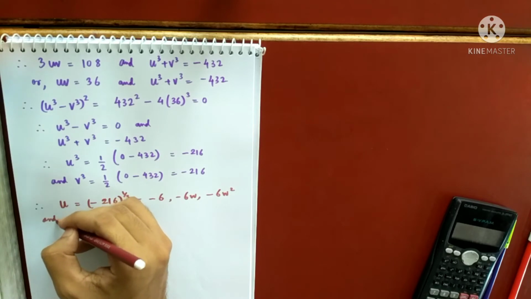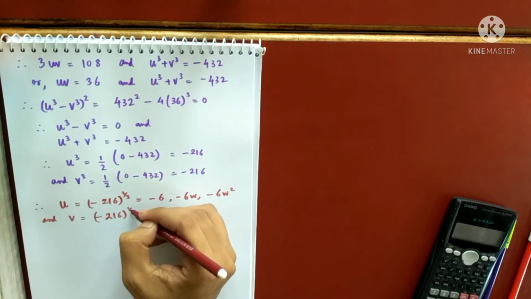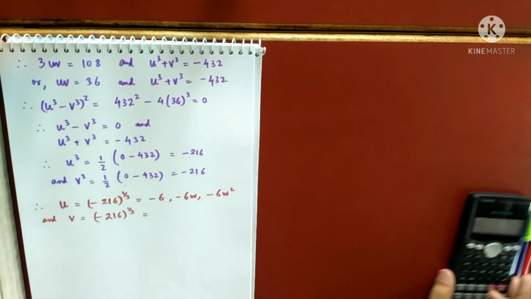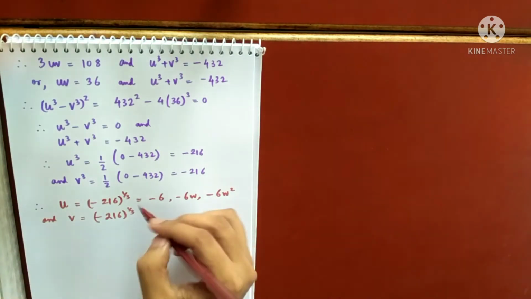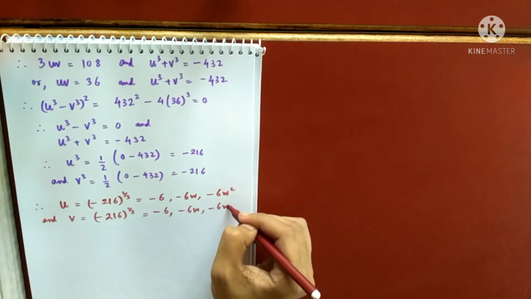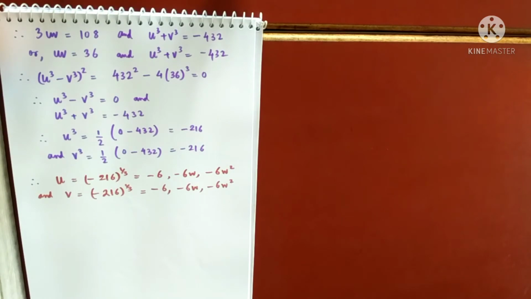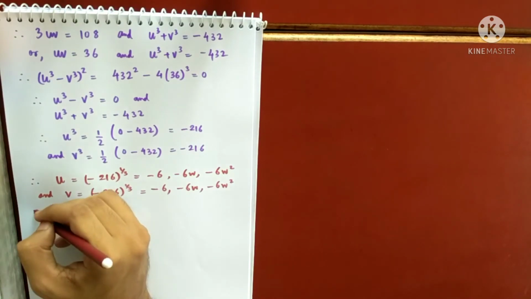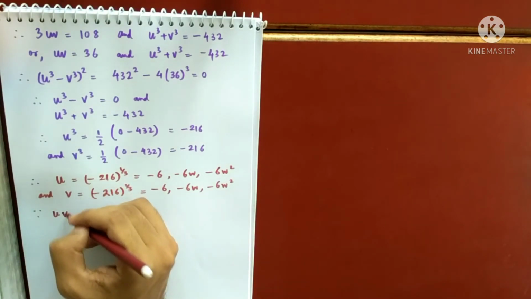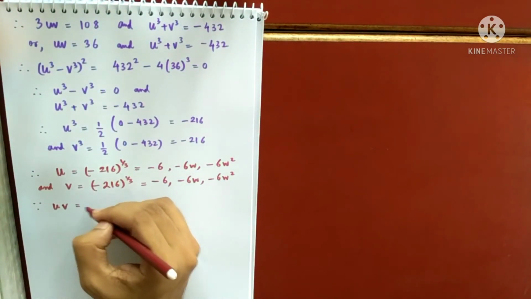And this is the same as v again. v is again the cube root of minus 216, which is minus 6 into 1, minus 6 into omega, minus 6 into omega square. You may write what omega and omega square are. Since u into v must come as 36, keep that in mind, and pair that way.